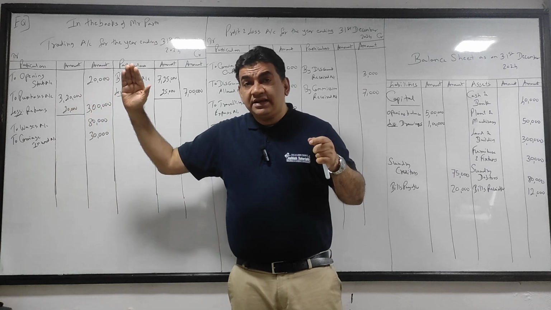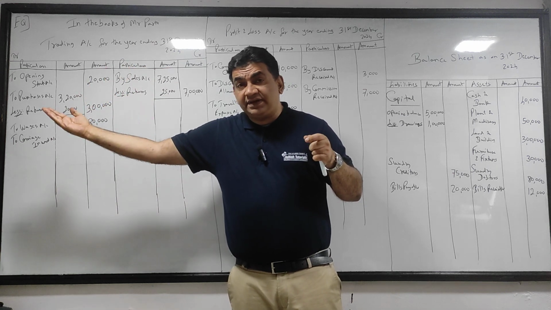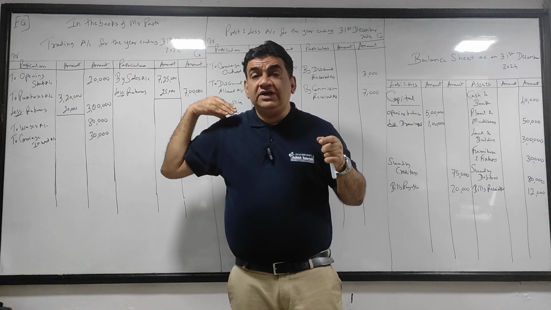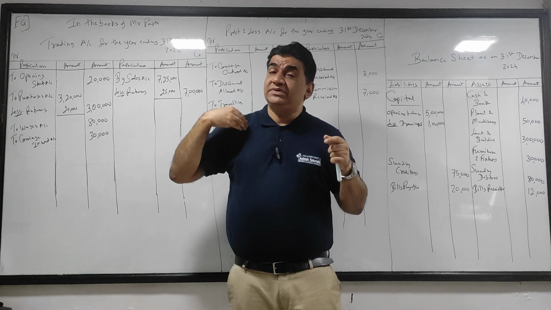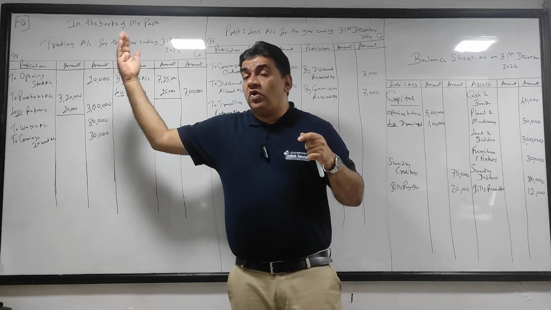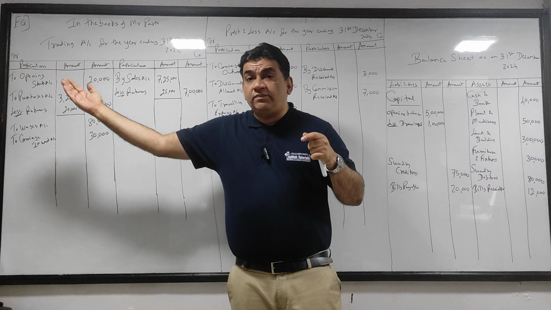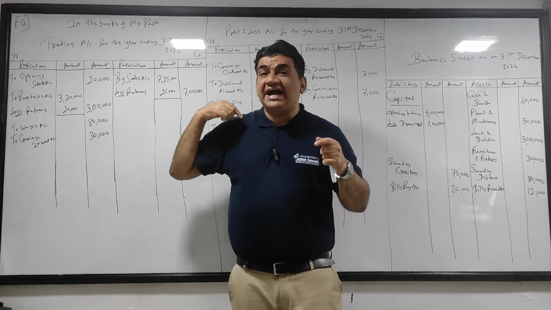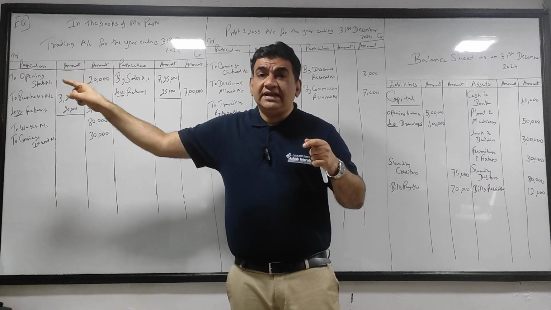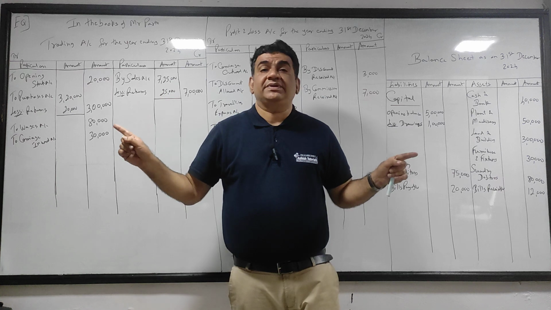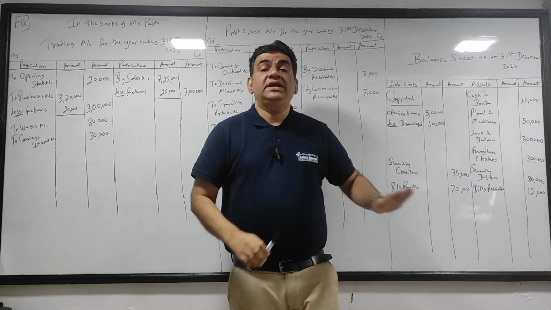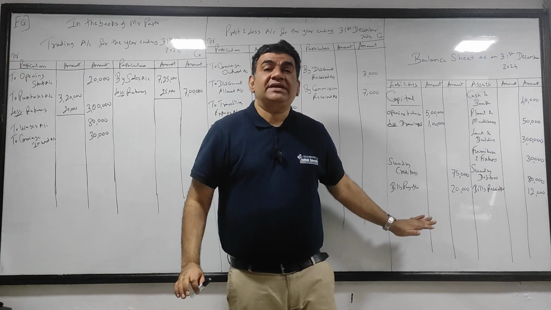When I have to recover from somebody and I make that legal document, for me it becomes bill receivable. And if the opposite person has to recover from me, I have to pay them, and they make a legal document, it becomes bills payable. Right now, bill receivable asset, bills payable liability.